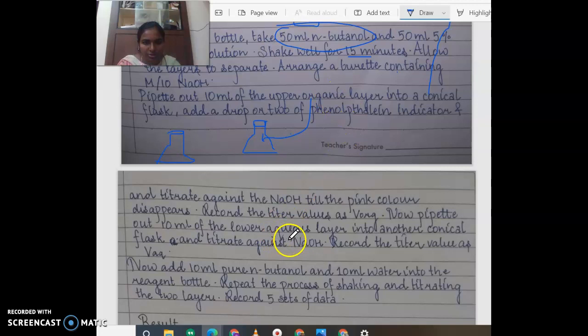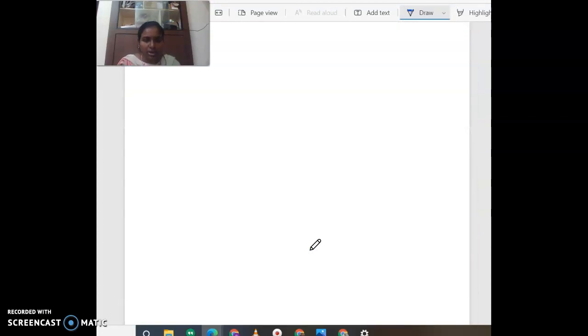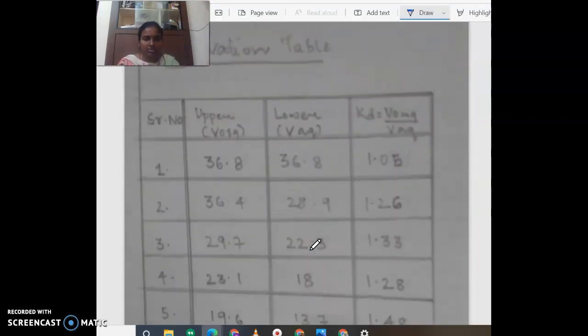To that again you add phenolphthalein indicator, titrate against NaOH, and record the value. Then we note it down in the table. This is the observation table we maintain for this experiment: serial number, upper, lower, V organic, V aqueous, and Kd is equal to V organic by V aqueous.